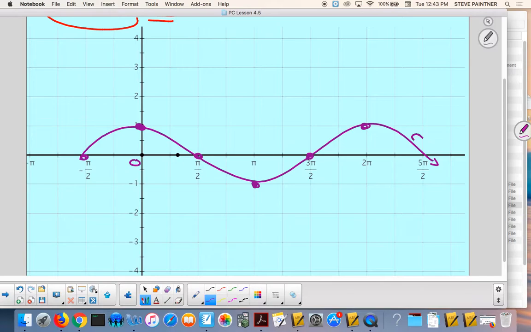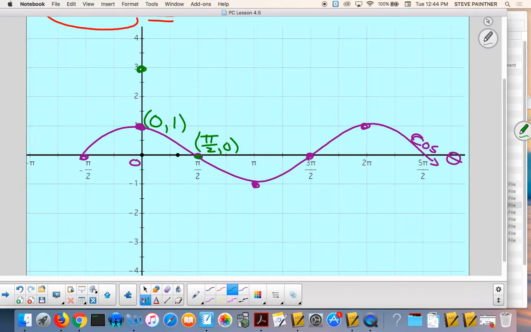This is cosine of theta, but you're not doing cosine of theta. You're doing 3 times cosine of theta. You know it's a vertical stretch. So you're going to multiply the y value by 3. This point is 0, 1. So your 0, 1 goes to 0, 3. Where does this point, 1/2 pi, 0, go? It stays there. It can't get stretched because the y value is 0.